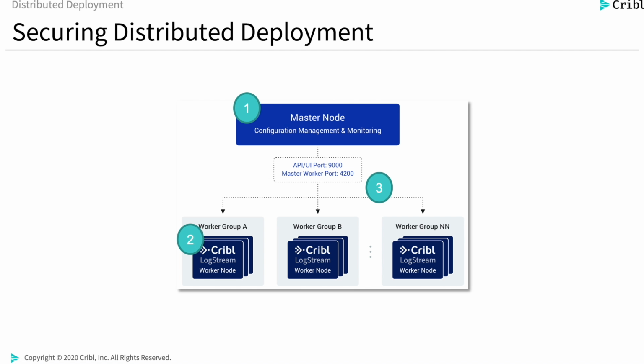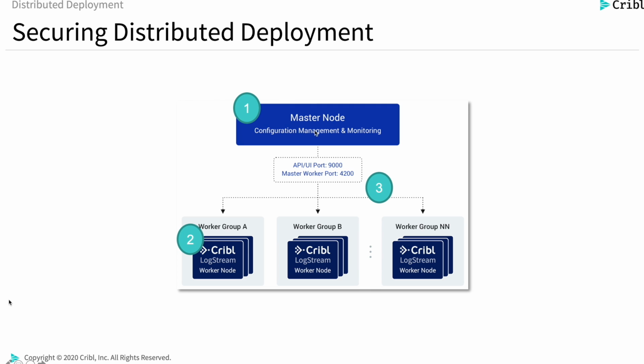So to summarize, we first secured the master node and enabled only HTTPS as the access to this interface. We then secured the worker nodes and also disabled the option to access the worker nodes UI directly.